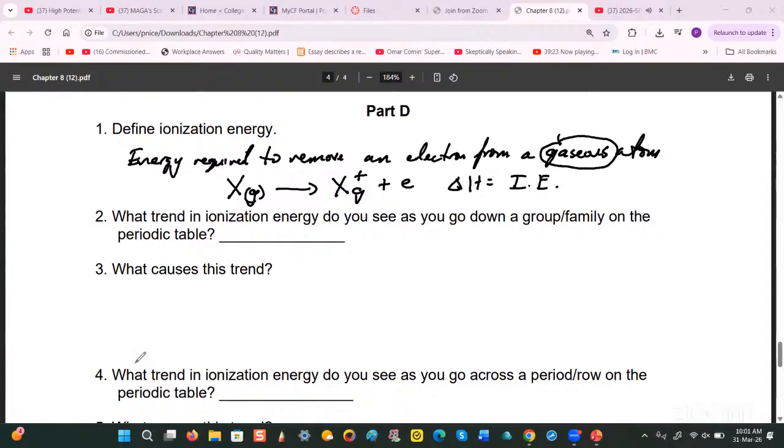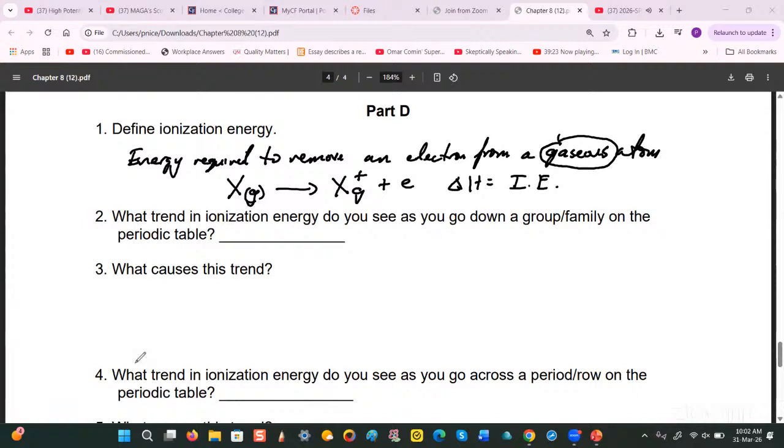It's going to decrease as you go down the group, because the distance between the nucleus and the valence electron will increase. That means that the attraction between the nucleus and that electron will decrease, so it's easier to remove the valence electron. So if you take, for example, group 1, hydrogen will have the highest first ionization energy, followed by lithium, followed by sodium, and so on.